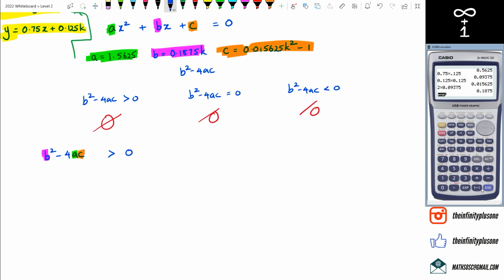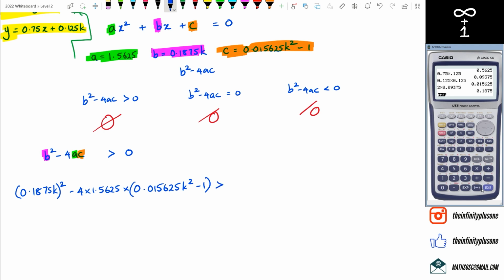So let's substitute this. We've got b, which is 0.1875 k, in brackets, squared, minus 4 times a, which is 1.5625, multiplied by c, which is 0.015625 k squared minus 1.